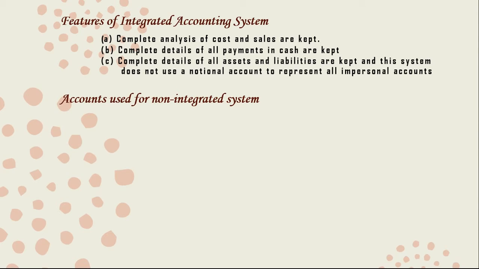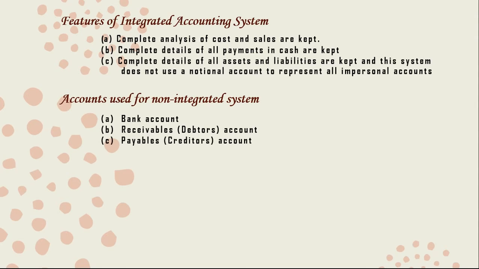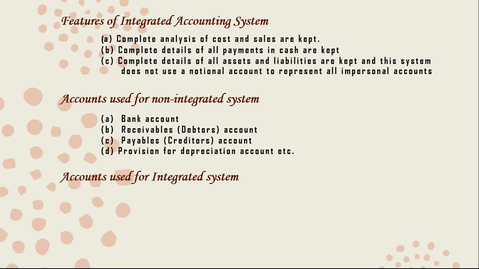In other words, following accounts are used for general ledger adjustment account or cost ledger control account of non-integrated system. A. Bank account. B. Receivables, debtors, account. C. Payables, creditors, account. D. Provision for depreciation account, etc. In integrated system, all accounts necessary for showing classification of cost will be used, but the cost ledger control account of non-integrated accounting is replaced by use of following accounts.